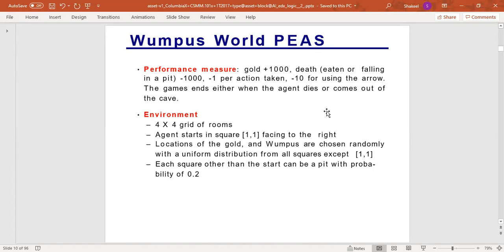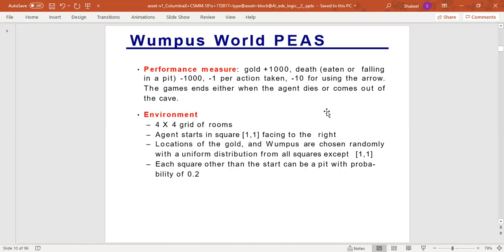So let's now define the Wumpus world in terms of the PEAS environment criteria. So remember, PEAS stands for performance, environment, actions, and sensors. For the performance measure, we are going to add 1000 points if the agent gets the gold.